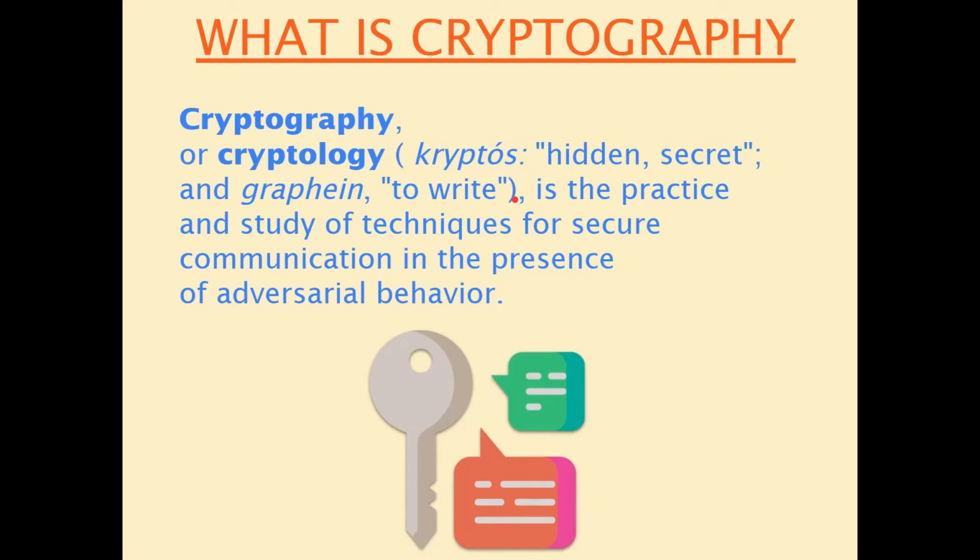So, in layman's terms, it is the practice and study of techniques to secure communication in the presence of adversarial behaviors or any intruders who are not intended to read private messages. It is a study to protect your privacy.